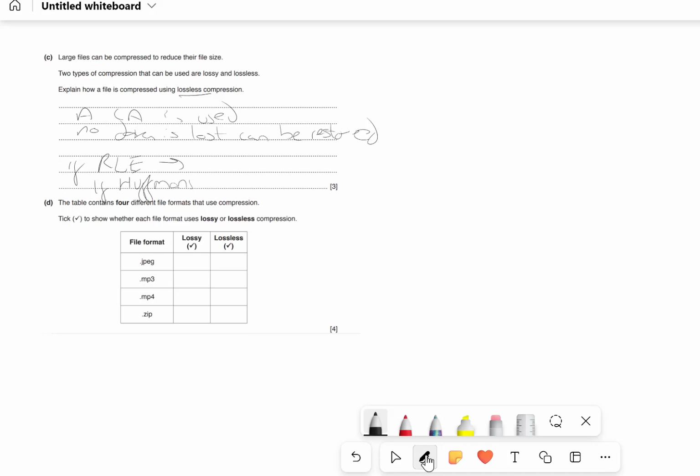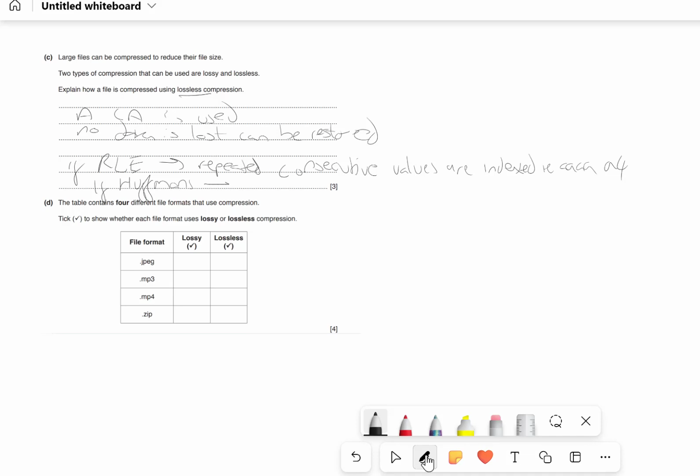So if Run-Length Encoding, it will look for repeated, consecutive values being received, which are indexed, i.e. A would become A4.